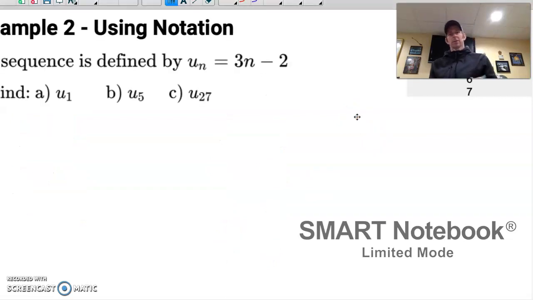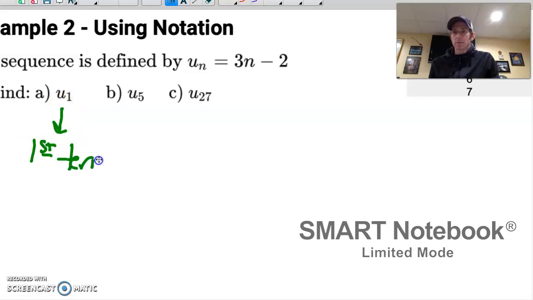So now we're going to actually be given a rule here, and we're going to find the term. So this part A is asking for, it wants to know what is the first term in the sequence by that rule. So if I literally plug a 1 in here, and I'm going to erase this in a minute, that means I also have to put a 1 in there.